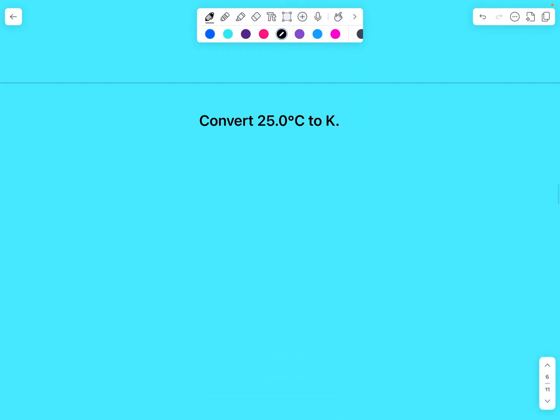Convert 25.0 degrees Celsius to Kelvin. The K is for Kelvin, you guys. So here is the formula, and you guys are going to do this when you go to college or high school. You do it in either one. One or the other. Okay, Kelvin is degrees Celsius plus 273.15.